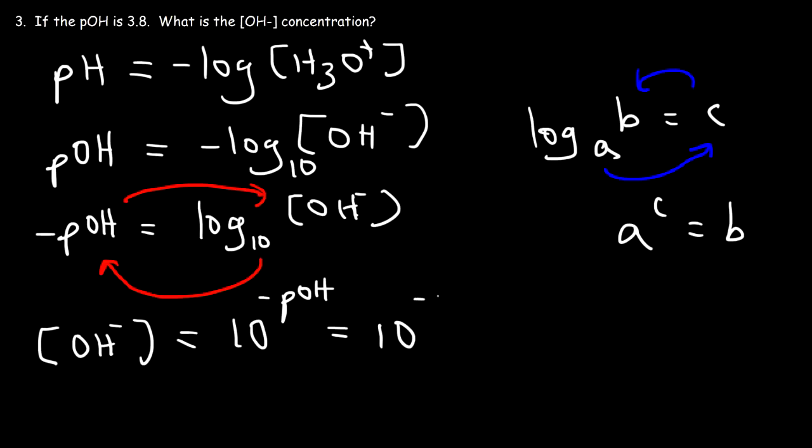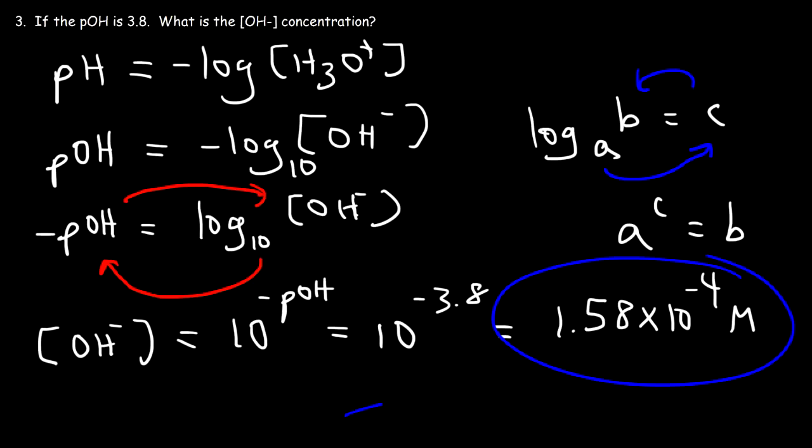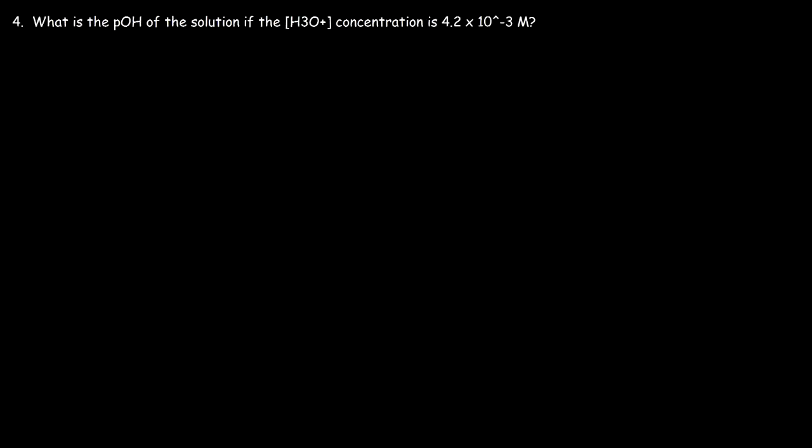So it's 10 raised to the negative 3.8. And so that comes out to be 1.58 times 10 to the minus 4 moles per liter. So that's how you can calculate the hydroxide concentration if you're given the pOH of the solution.